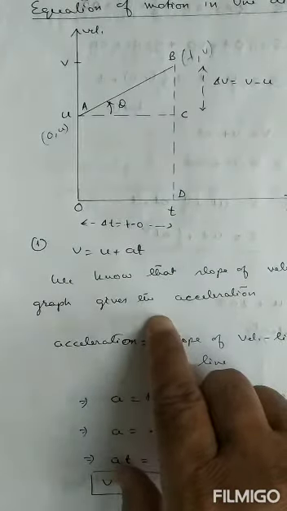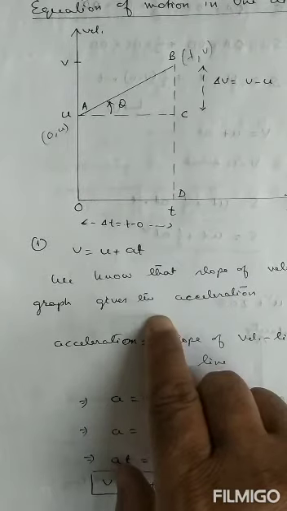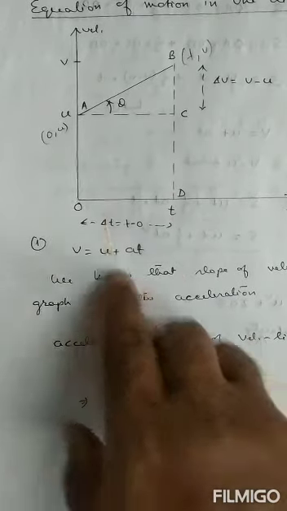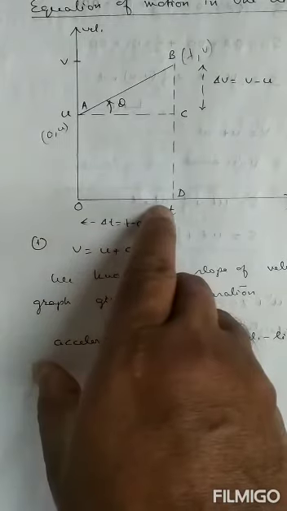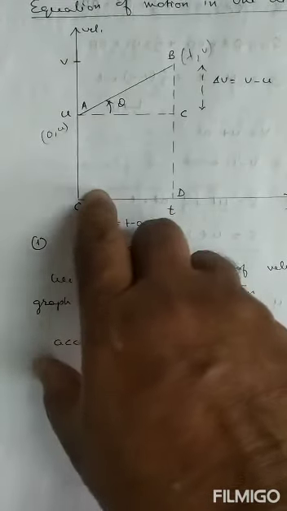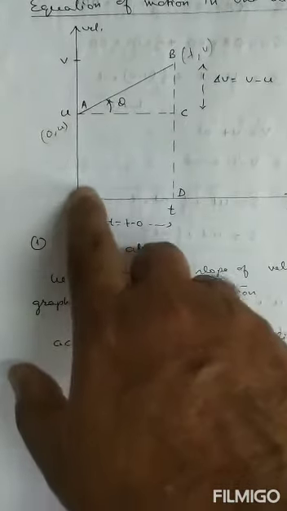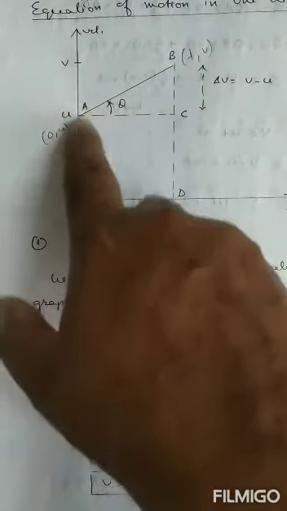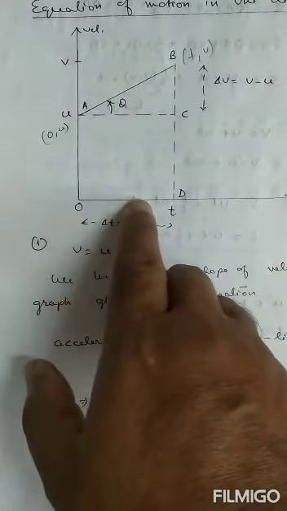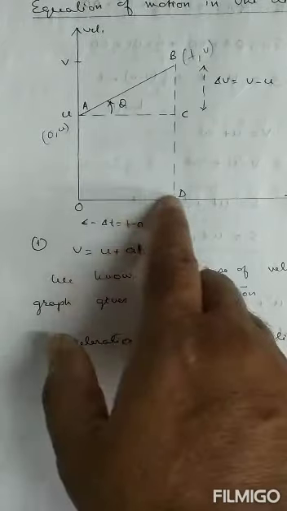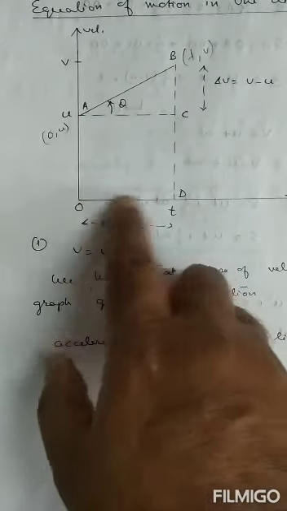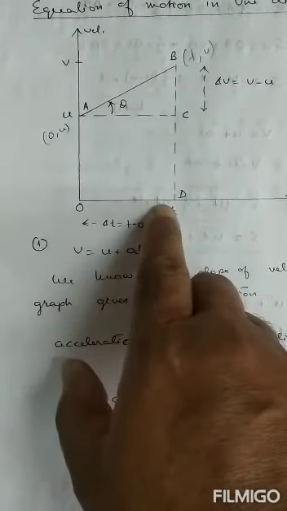What is the area of a rectangle? Length into breadth. The length is OA, which means U, and the breadth is OD, which gives t.